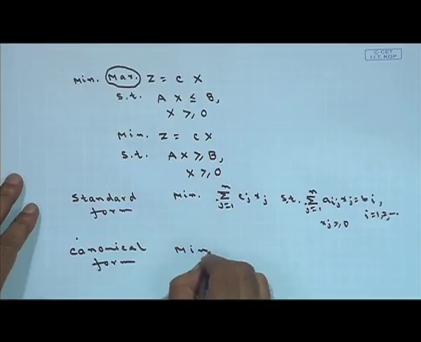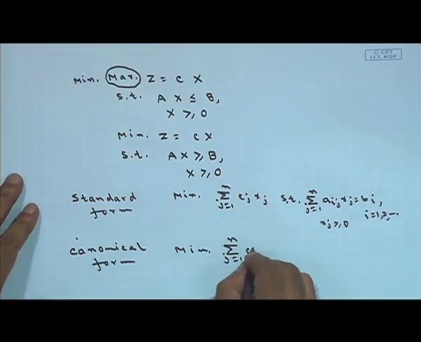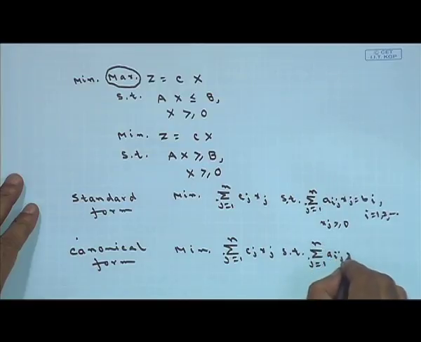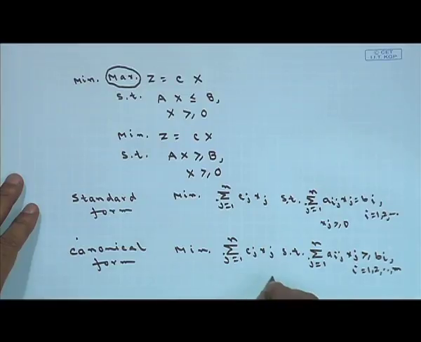In canonical form it is minimization, not maximization: minimize Cj xj subject to summation j equals 1 to n Aij xj greater than equals Bi, with i from 1 to m and xj greater than equals 0.